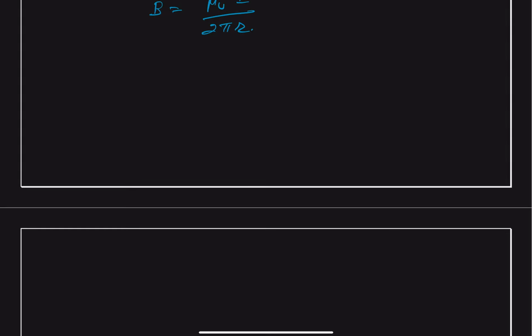Let us consider this is our left wire, and we have a square loop, and in this square loop we consider a small segment whose width is dx, and this segment is at a distance of x from the left wire. So the distance from the right wire will be 3a minus x.